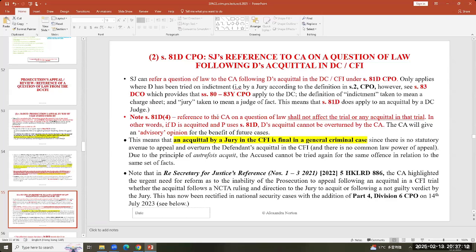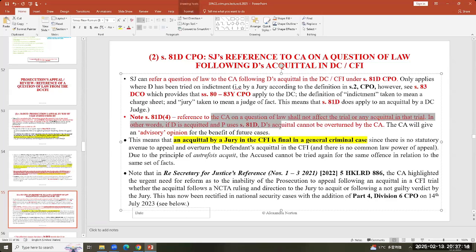In other words, if the defendant is acquitted and this provision is used, the acquittal cannot be overturned. The acquittal stands. This is just a reference on a point of law for the Court of Appeal to give an advisory opinion for future cases.